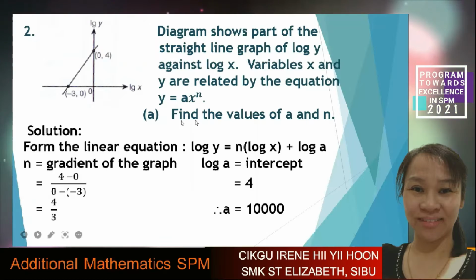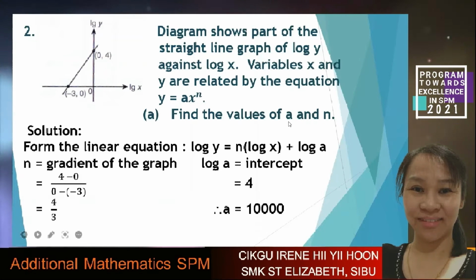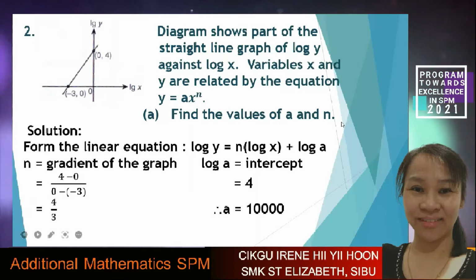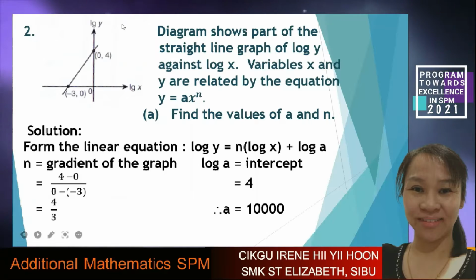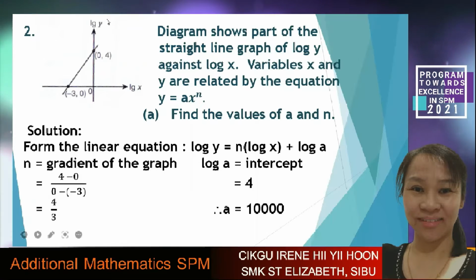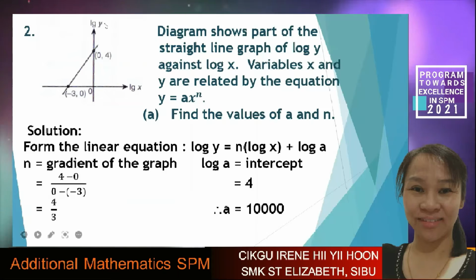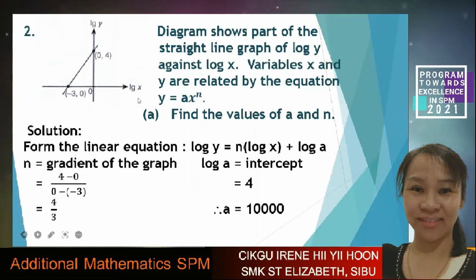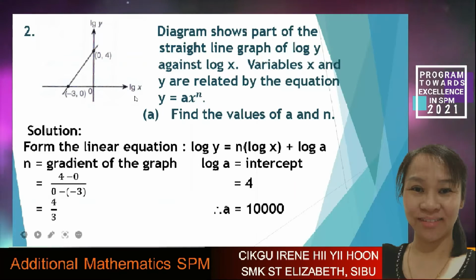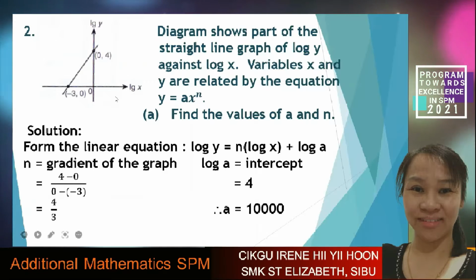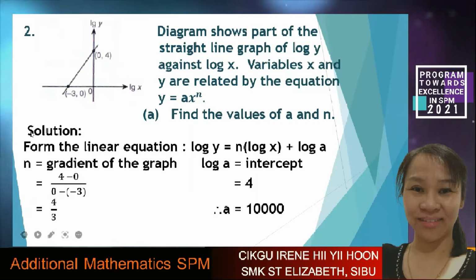Question A: find the values of a and n. So please look at the variable on the y-axis, that is log y, and the variable on the x-axis is log x. So let's look at the solution.